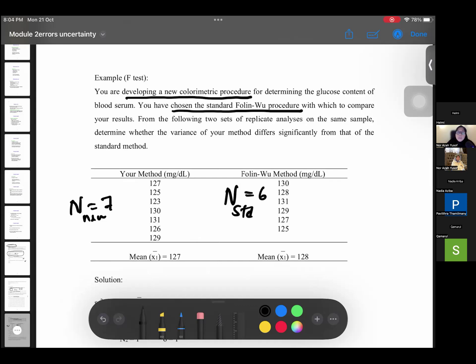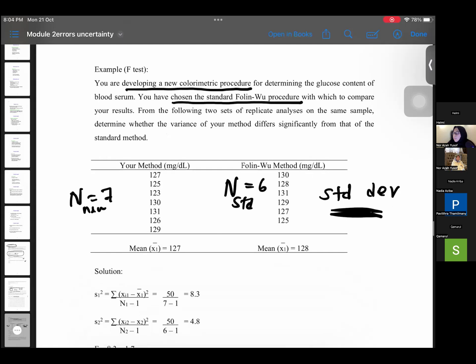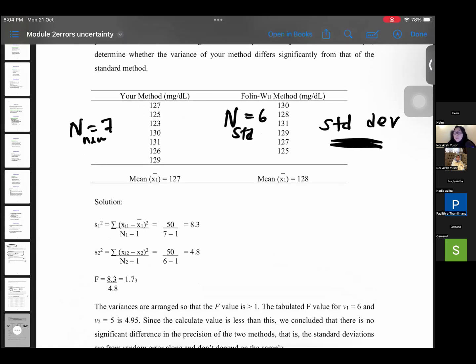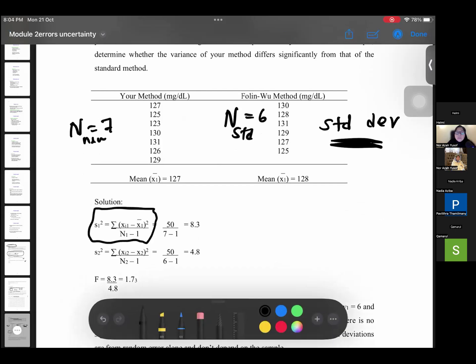And in order to calculate F, you have to do all this calculation first. We have to find the standard deviation. You can do the calculation by yourself. Remember the formula of standard deviation, but since we are using variance, it is S squared.